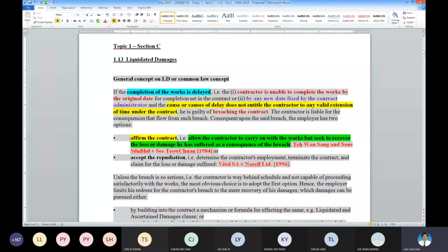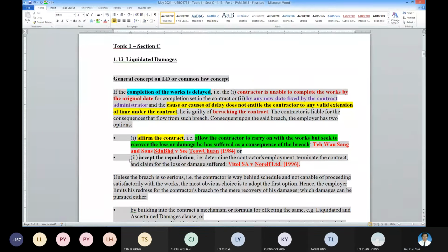Or the employer, because it is a breach, accepts the repudiation and then determines the contractor's contract and then claims for the loss or damage. So which one the employer takes is up to the employer. Okay.